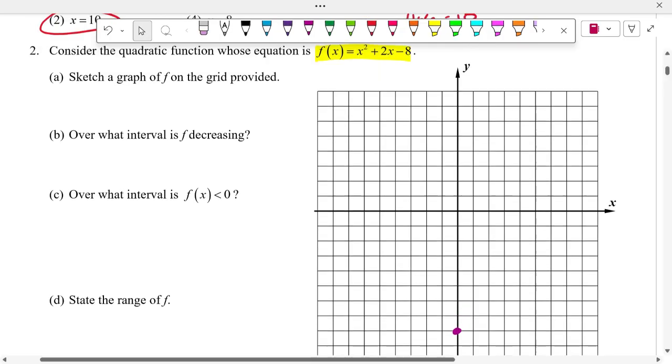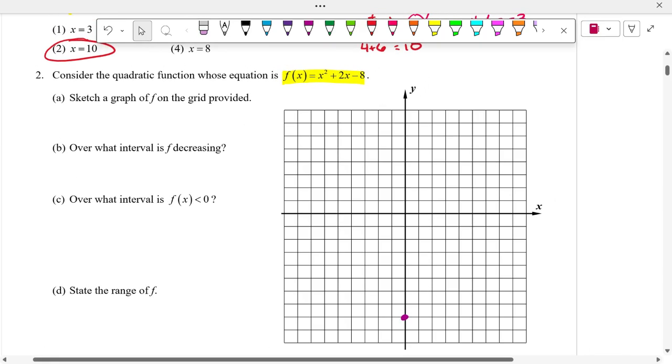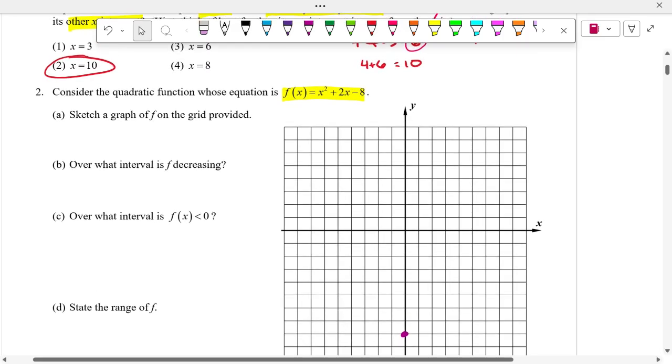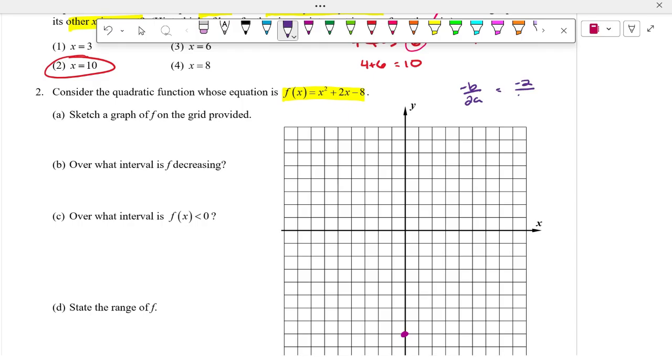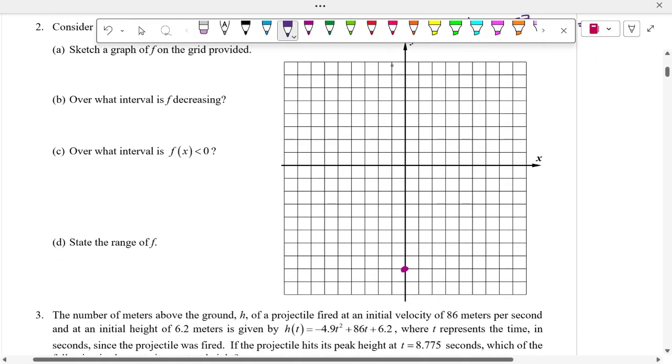Now, how can I find the axis of symmetry and vertex without having to convert to vertex form? -b/2a. Good. So if I do -2 over 2 times 1, -1 is my x value. So that means my axis of symmetry is at -1.